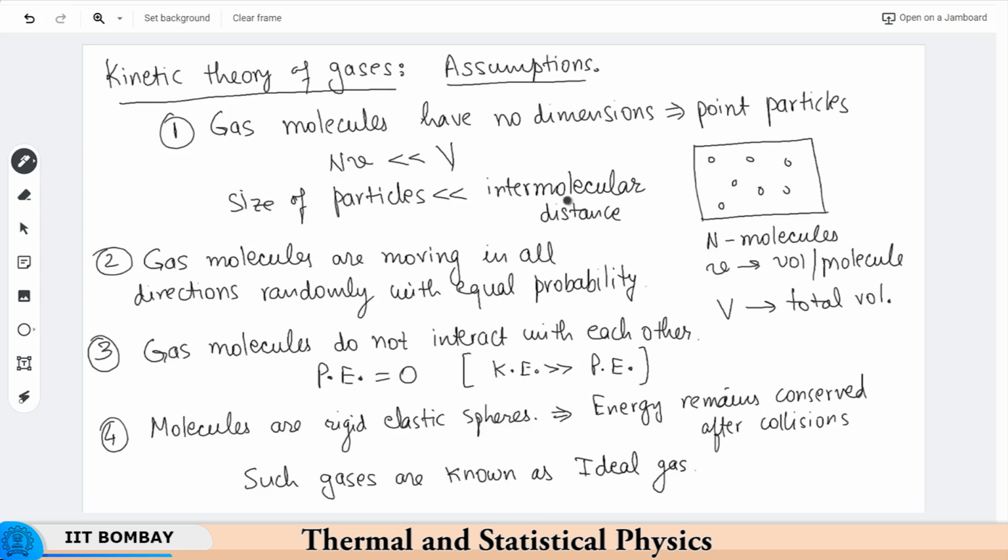Let us now start doing calculations. Now that we have made these assumptions and assumed that the potential energy term is 0, we can do certain calculations in a much easier manner. So, let us now evaluate the pressure exerted by an ideal gas.